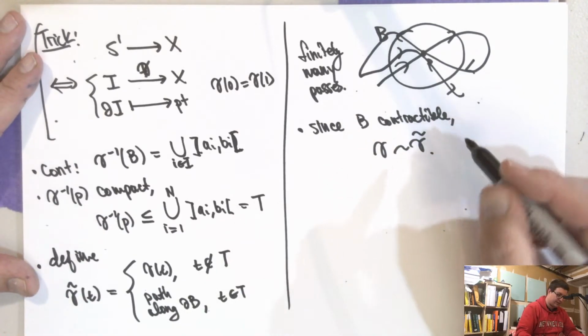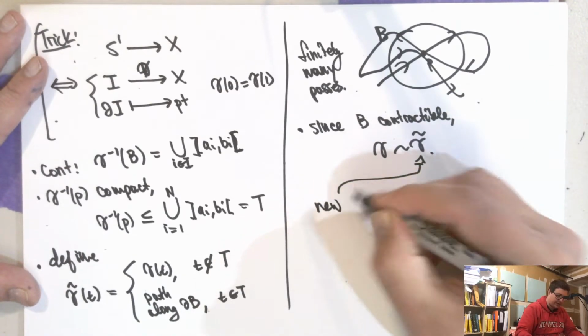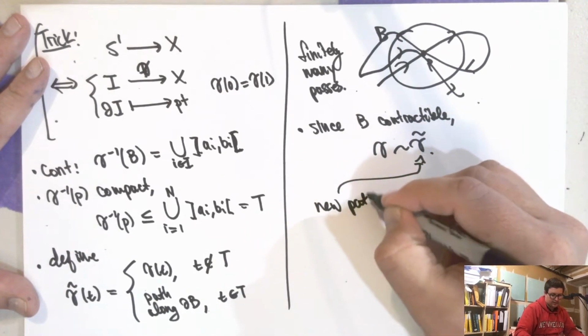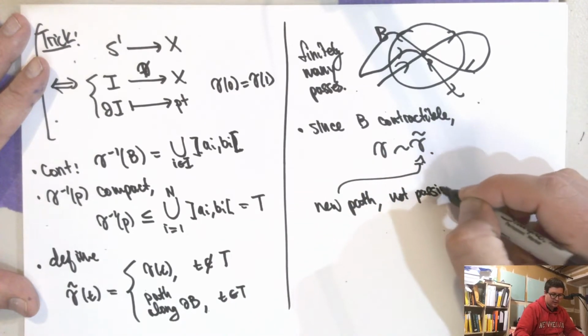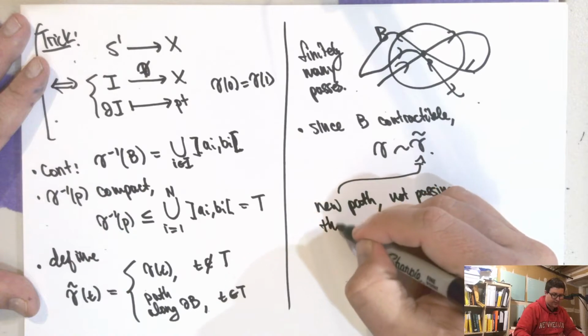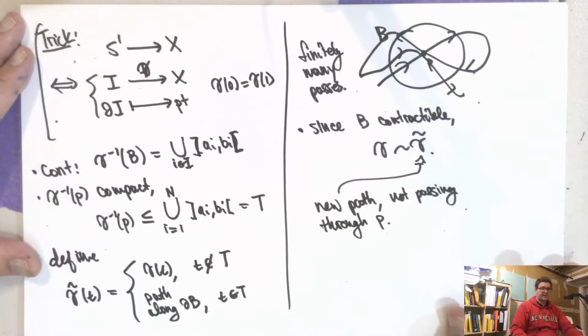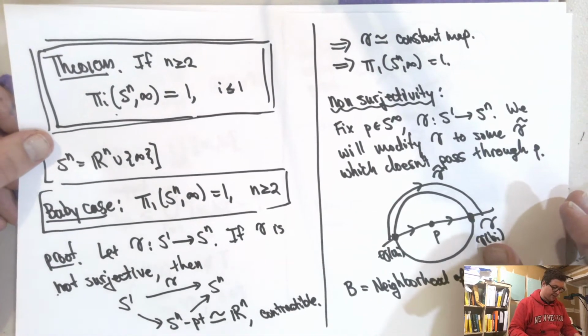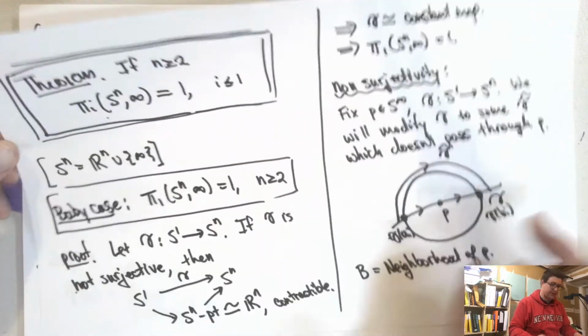So this is a new homotopy equivalent path, not passing through the p of our choice. All right, so that's the proof. We just take our path and modify it. If it's not surjective, we remove a point and then we contract.